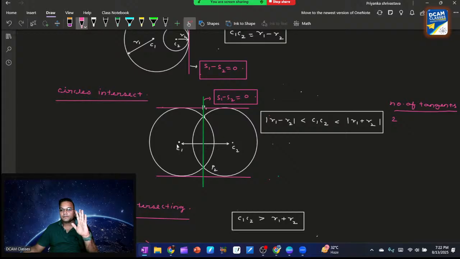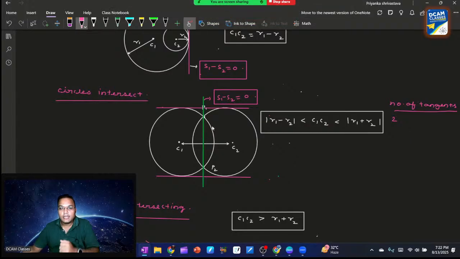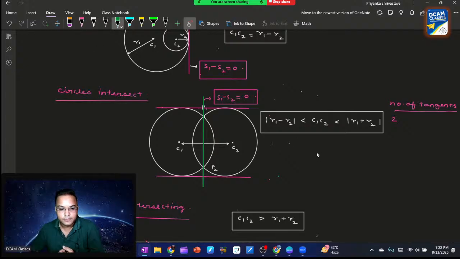Got it now? Here, when the circles are intersecting, there is one more result. When they are intersecting, you are asked to find the angle between the circles.